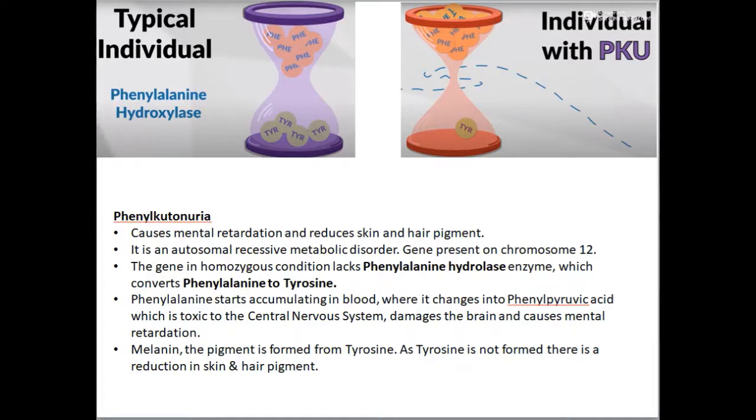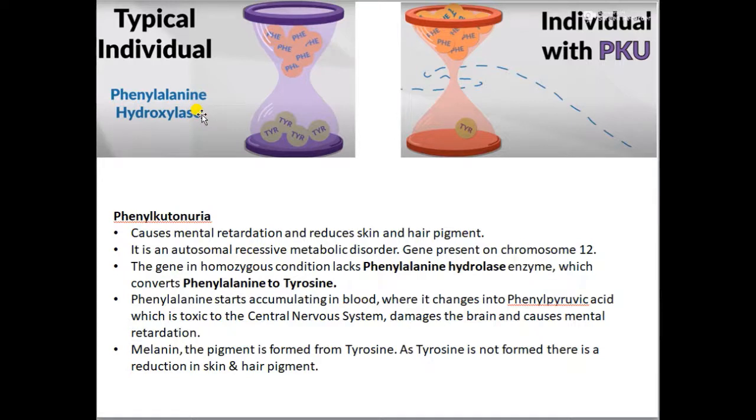Now, if phenylalanine is found in a high concentration, what happens? That is not good for the blood. When it accumulates in the blood, it is toxic to the central nervous system, and it will damage the brain and cause mental retardation.